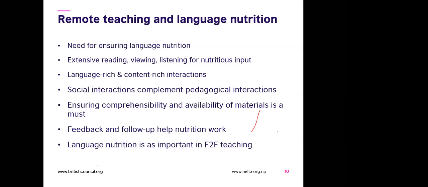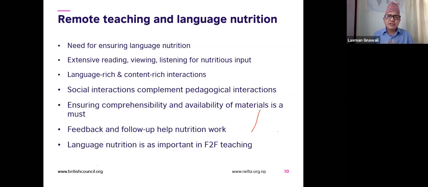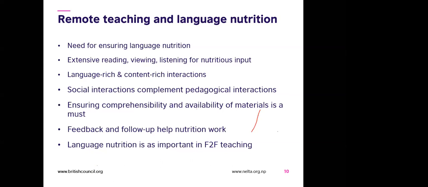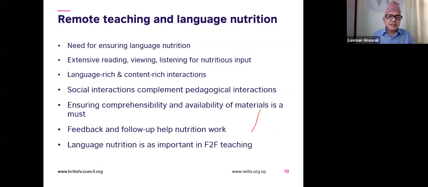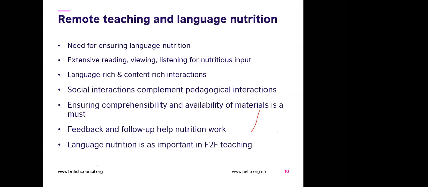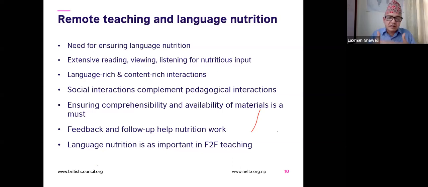And interactions, when we organize interactions, whenever synchronous interaction takes place, or maybe asynchronous by writing, then the interactions will be language rich, everyone. Different kinds of language functions, also they must be content rich.